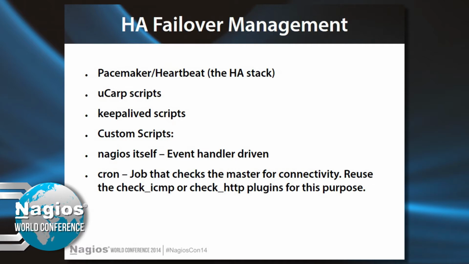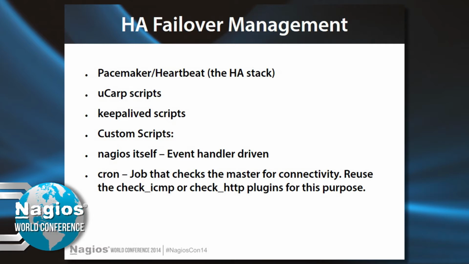As far as failover management goes, again, we kind of just covered most of this. You can use Nagios itself. You can set up event handlers and have your second XI box literally just running one check with everything else disabled. It gets really, really nasty to have to then turn all that on when it detects a failover.